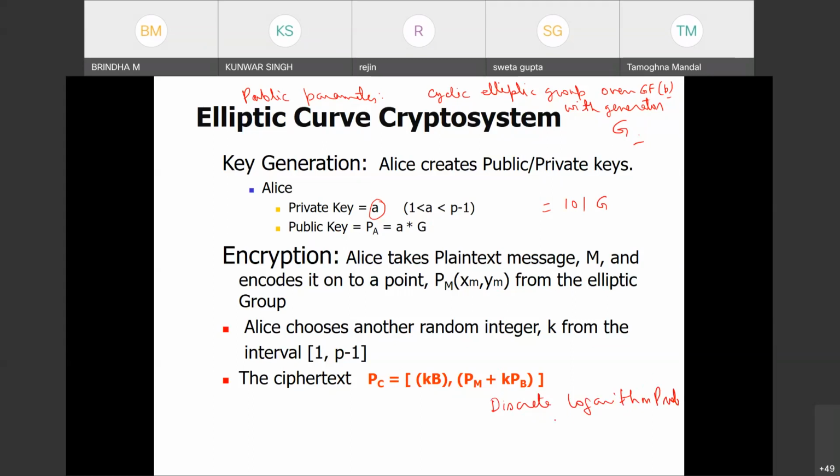Hard means that if you try to solve it, it will take many years. It's not impossible. You can try to get the value of A like this. You try A equal to 2; G is known to you, add G twice. If you get the public key, it means you got A. Otherwise, you add 3 times.